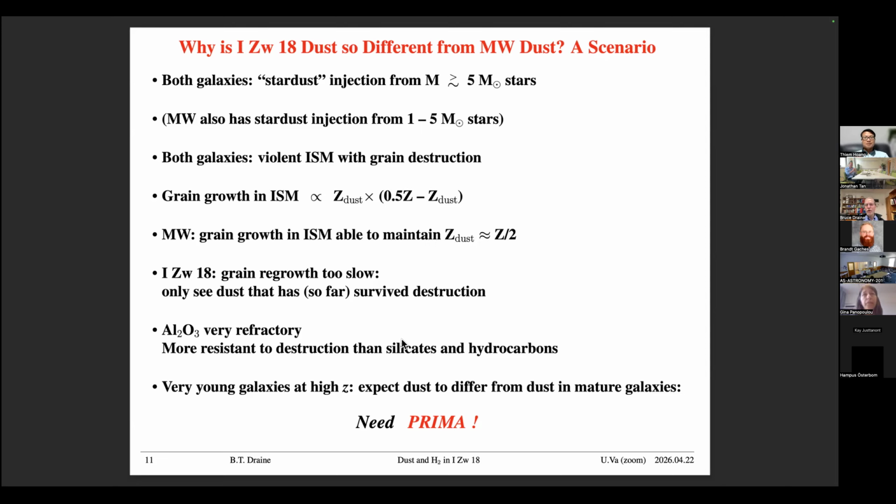If you are a dust grain sitting in I Zwicky 18 in the vicinity of this star forming activity, you're going to be heated to a temperature of something like 50 degrees Kelvin, rather than the maybe 18 or 17 degrees that you would have at a typical point in the solar neighborhood, where just the general starlight background is heating. So the 50 degrees Kelvin, you don't need single photon heating to explain that in I Zwicky 18. The normal dust is going to be heated to temperatures like that.